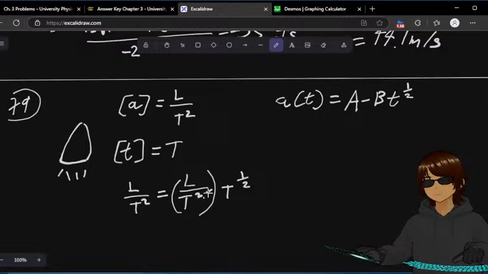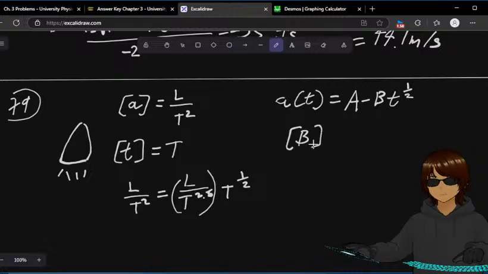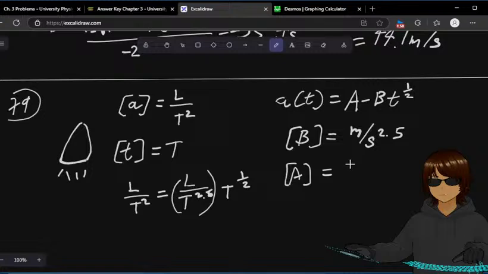Let me think about this. So it's 2.5. So the dimensions of B are meters per second to the power of 2.5. The dimensions of A are length over time squared because it needs to match with a. And then B is length over time to the power of 2.5.